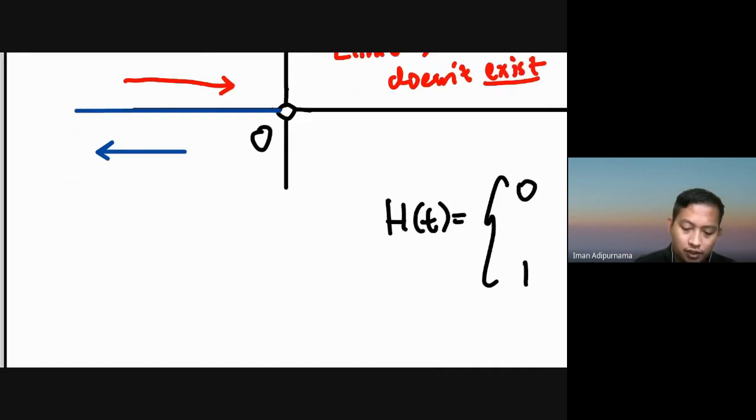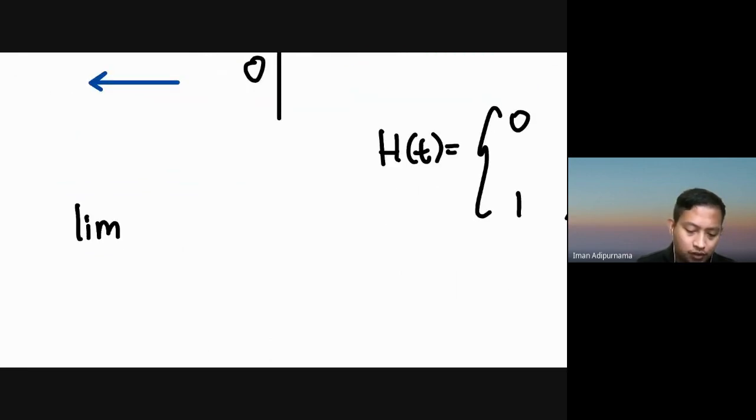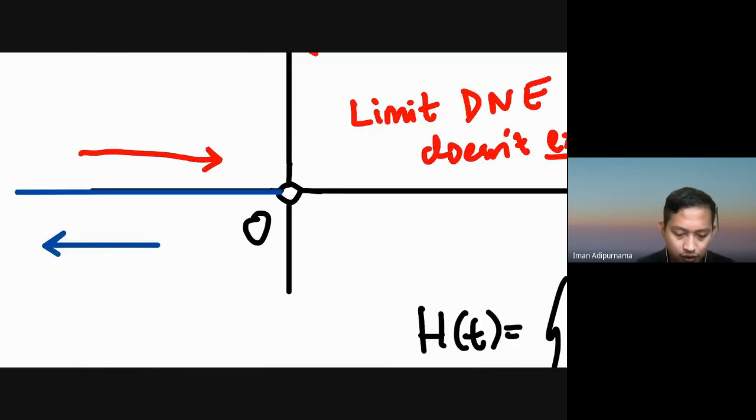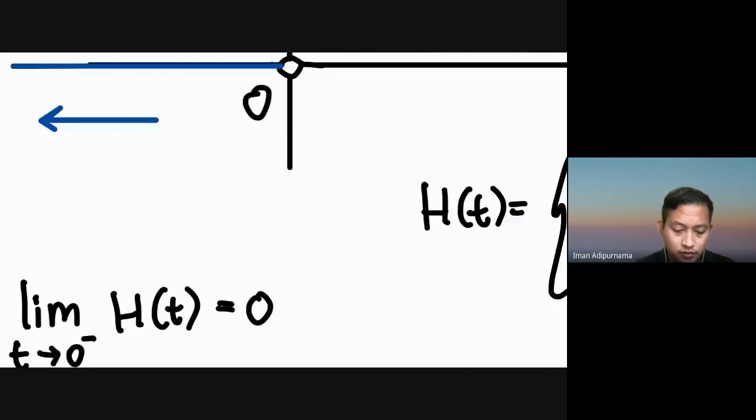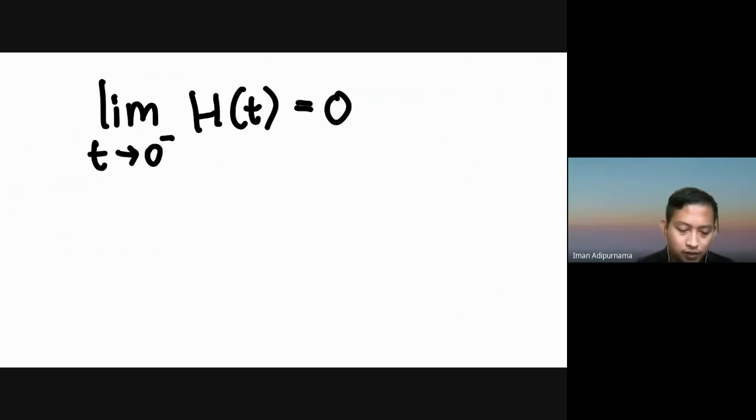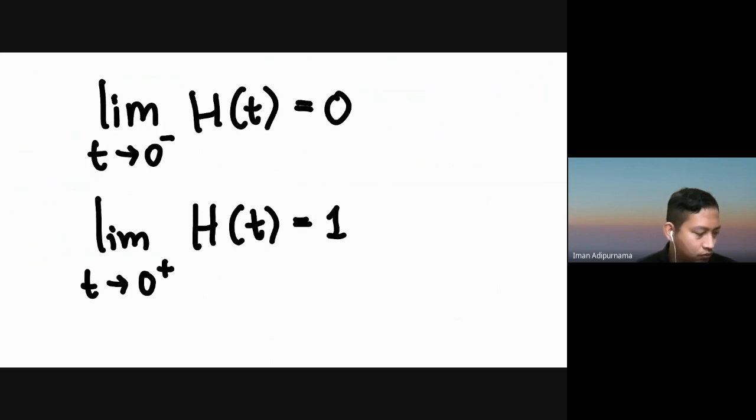So if you write it in terms of limit, as t approaches 0 from the left, the negative side, the function H will be 0, right? So we are moving from the left toward 0, and we reach close to 0. And the limit as t approaches 0 from the right side, the positive side, the function will be equal to 1.